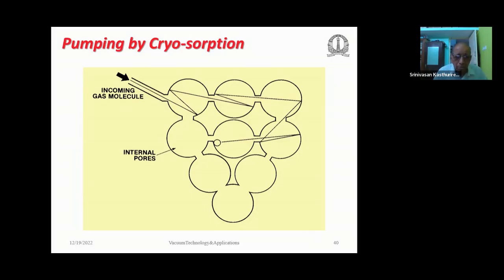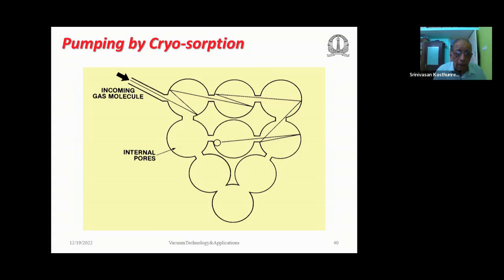These are different materials which have porous structure. Now, suppose these porous structured materials are cooled to low temperature. Then the incoming gas molecules enter into this porous structure. Say the gas molecule comes here, enters, then it goes to the next one, etc. And then gets trapped inside the internal pores.